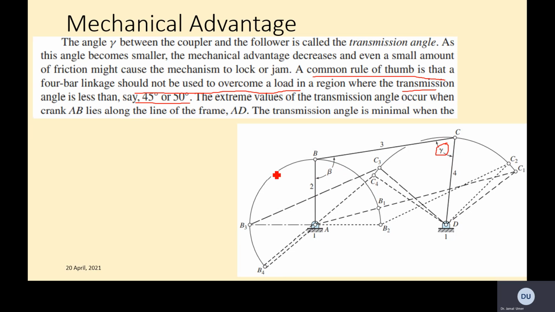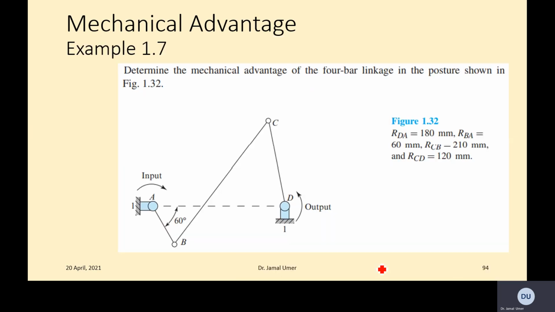You can see that this angle can change from 0 to a maximum of 180, let's say. So we want not to get any useful work during the phase when we have less than 45 to 50 degrees. If the transmission angle is less than this range, we don't get the useful work done, right?